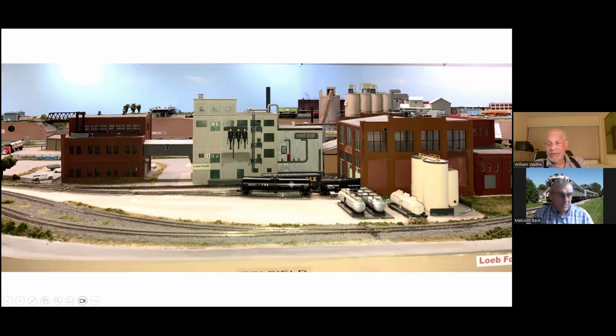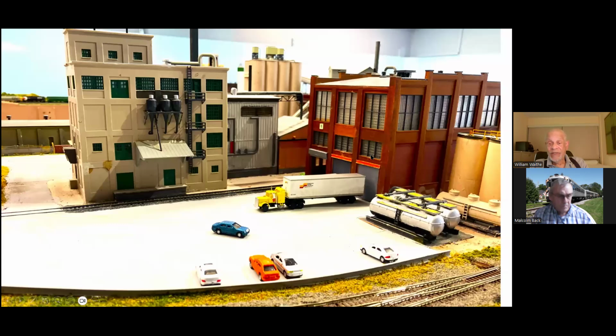And again, this was the Lipton's plant, which was served with 3 tracks. 2 tracks were removed. Again, the 2 doors were converted into truck unloading and parking. These buildings were all modeled after the exact photographs of the existing industry.